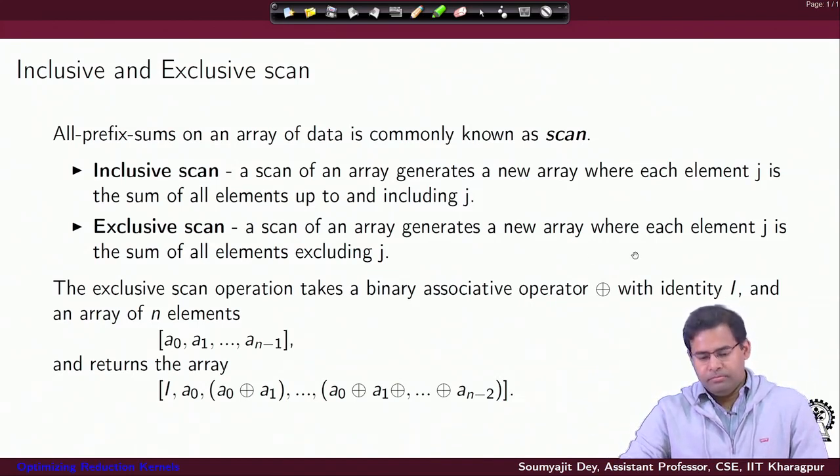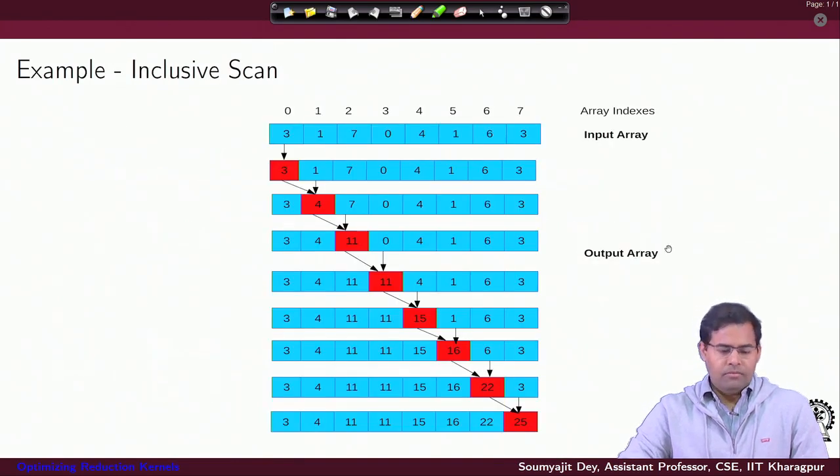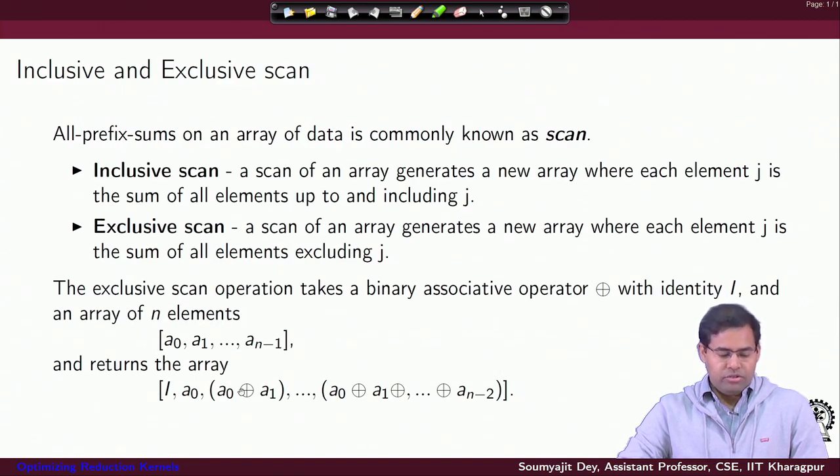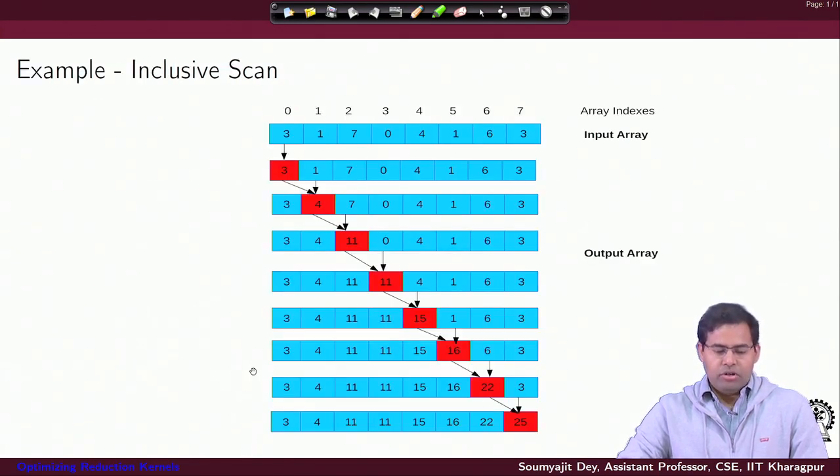This is an example by figure of the situation for an exclusive scan. Now, what would be the situation for an inclusive scan?